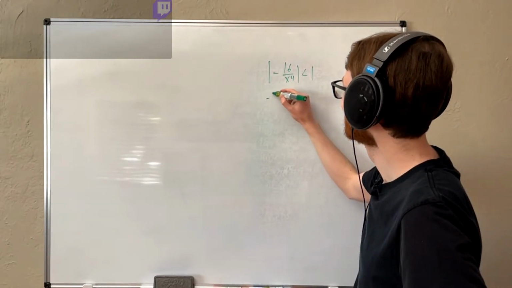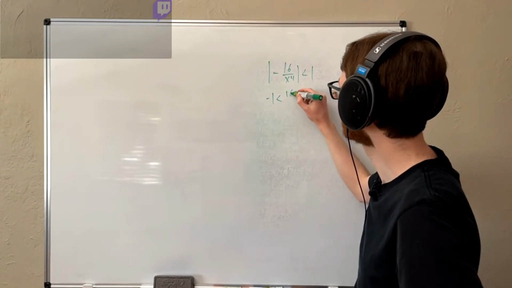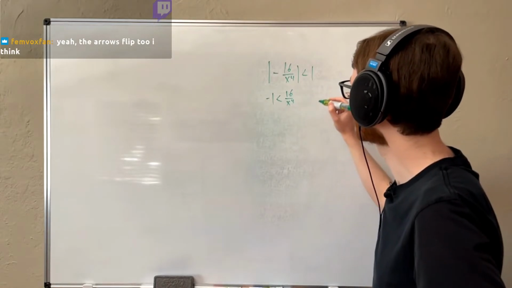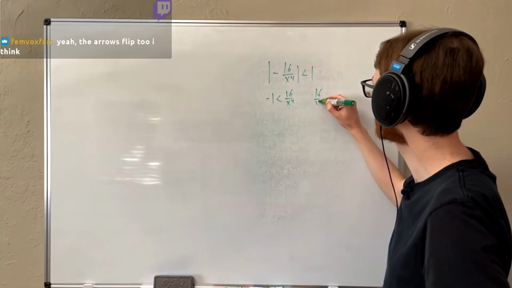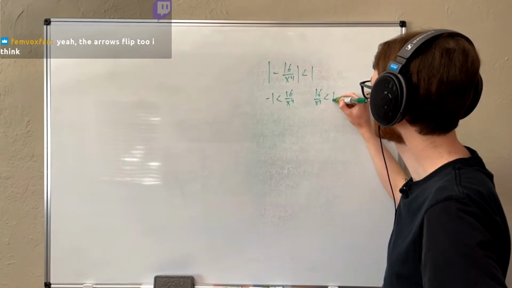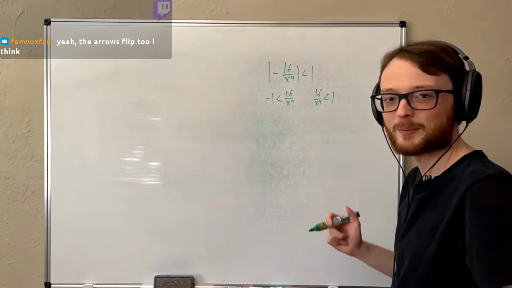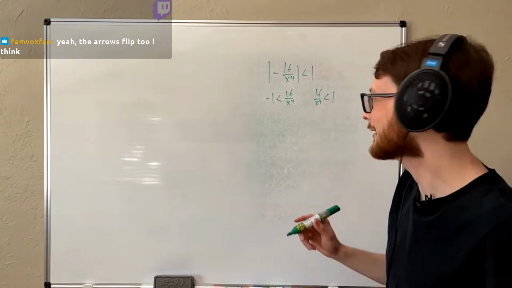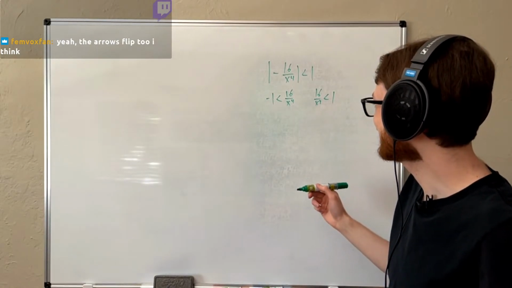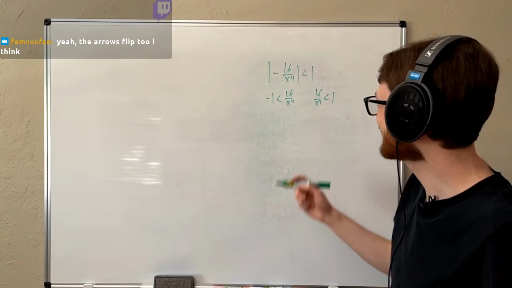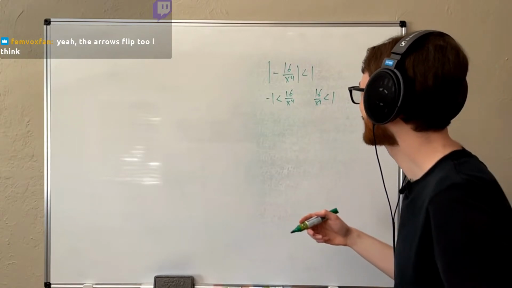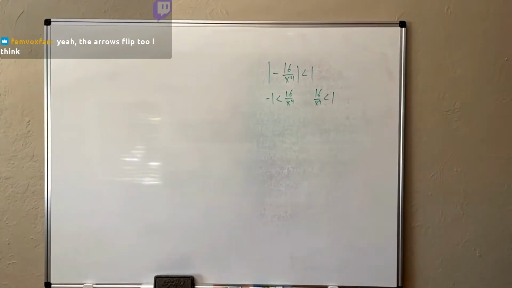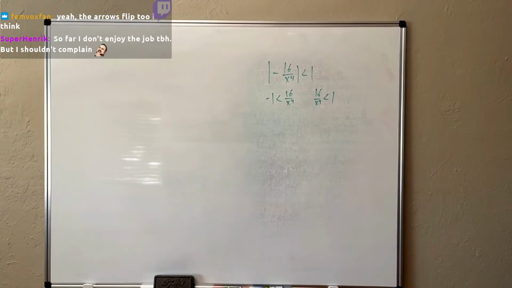Let's say -1 is less than 16 over x to the fourth, right? And we also have 16 over x to the fourth is less than 1. And then we'll do the same operations to each one, but I want to keep them separate because there should be values of x that this is fine for. Like x to the fourth should be greater than 16.